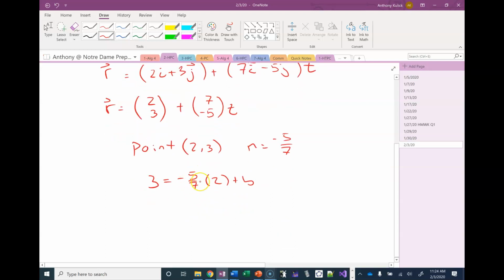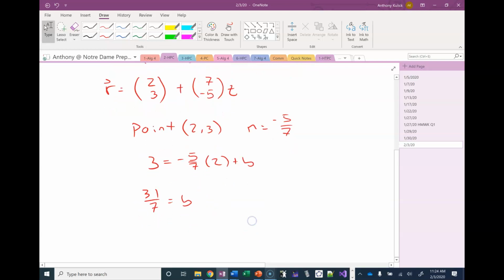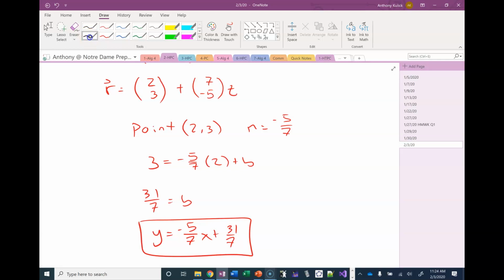And if I add 10/7 to both sides, that gives me 31 over 7 for b. And that should be my final answer. Yes, good. Is that okay there, Maya?